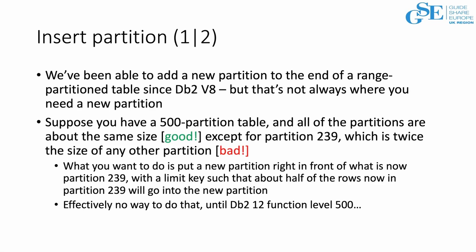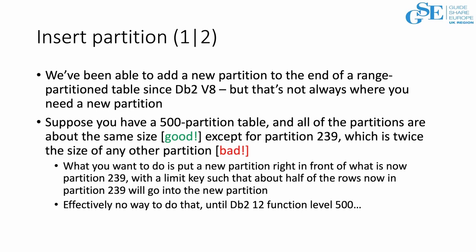If you look at this example, you have a table that has 500 partitions, with all the partitions being relatively the same size. That's good. That's what you want. But let's say now that one of them grows, partition 239 here, which is now twice the size of the other partitions.